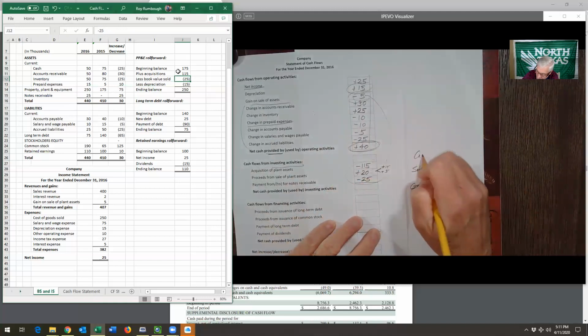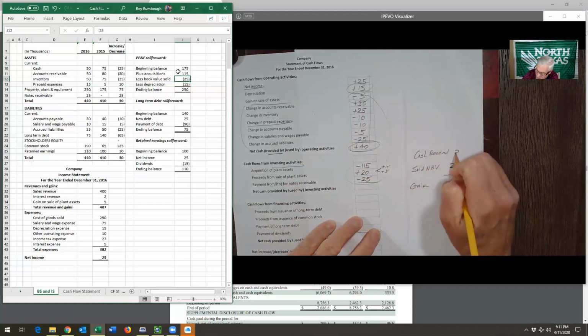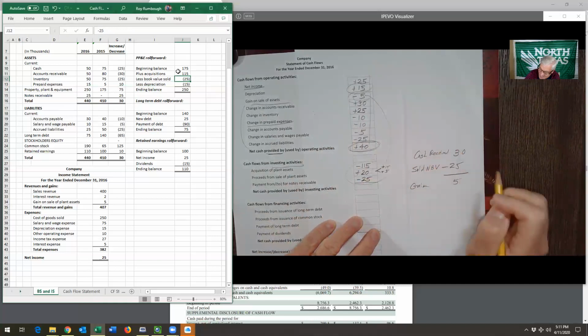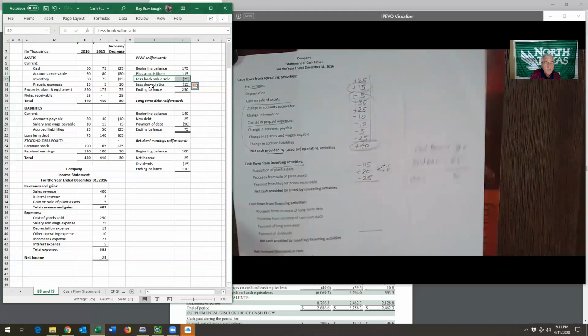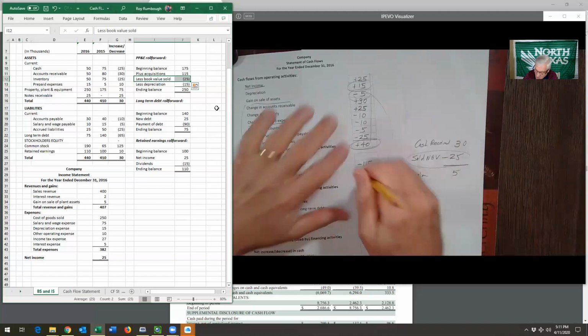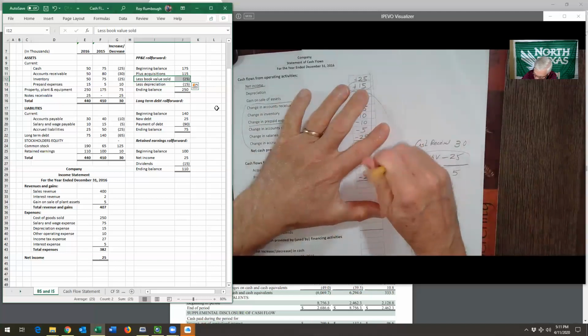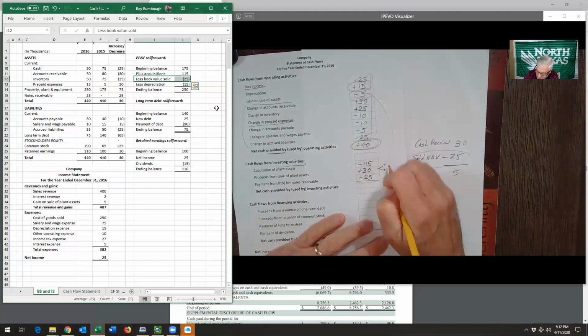So how much cash received? It was 30,000. Sorry, and again, I'm looking at this line item right here. Net book value sold was 25,000, and so the cash received was 30. It's a good thing I have a little cheat sheet over here to look at my work, because I would not want to go back, start this whole video over and redo it.